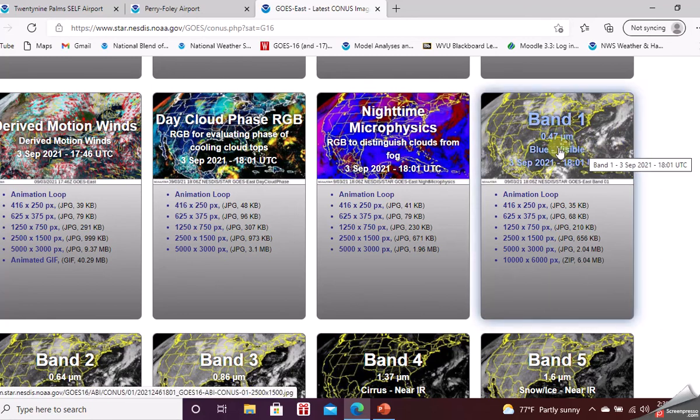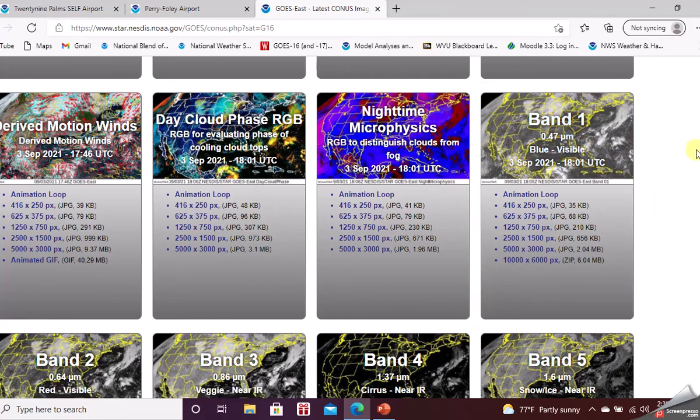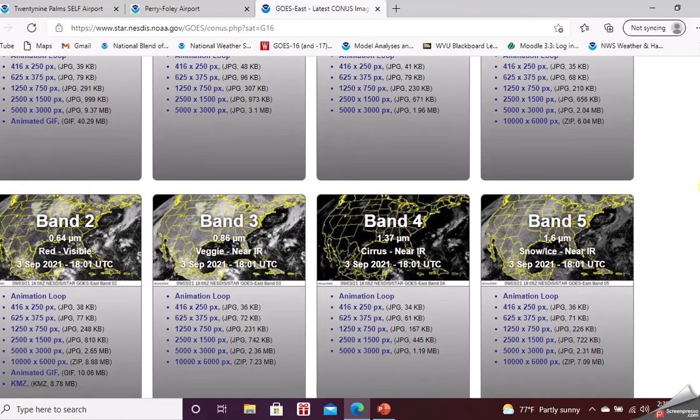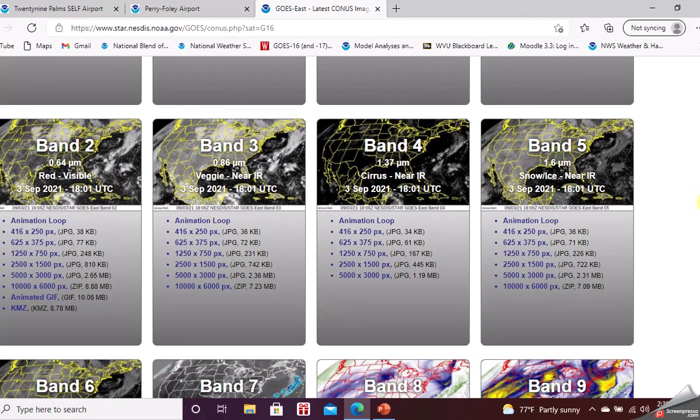This is actually a blue light visible channel. Slightly different, 0.64 is more of a red light. We'll look at vegetation. It has a near IR of 0.86. Maybe look at a real high cloud. And you can see how each one of these has a use.